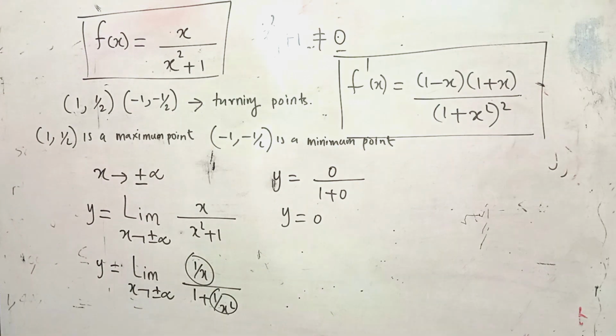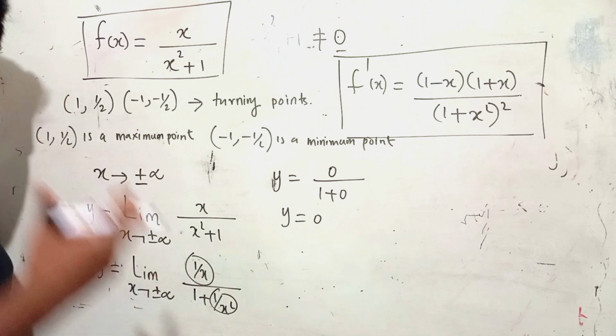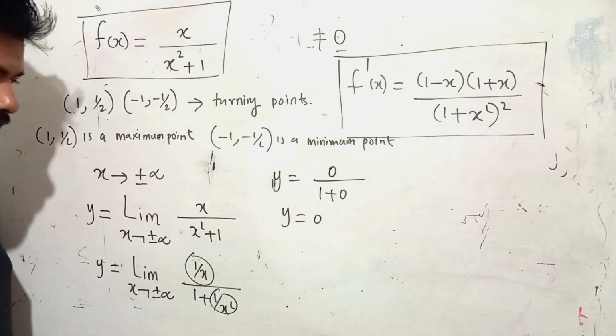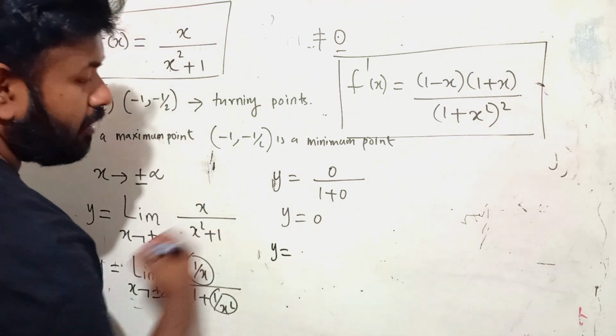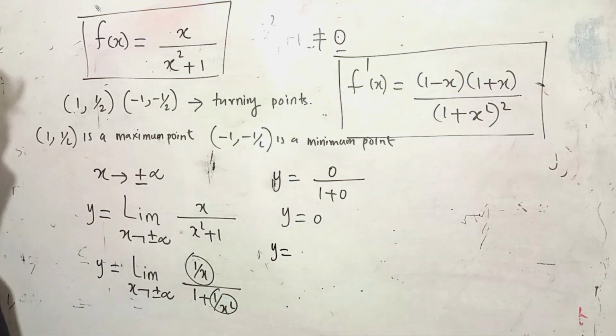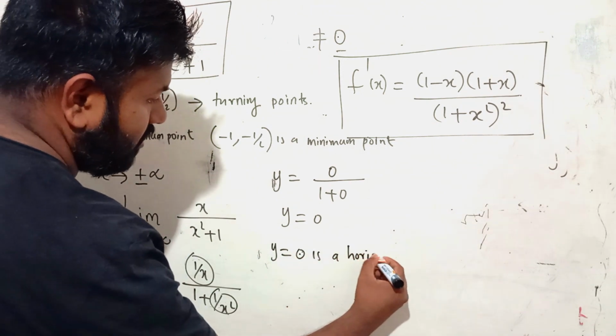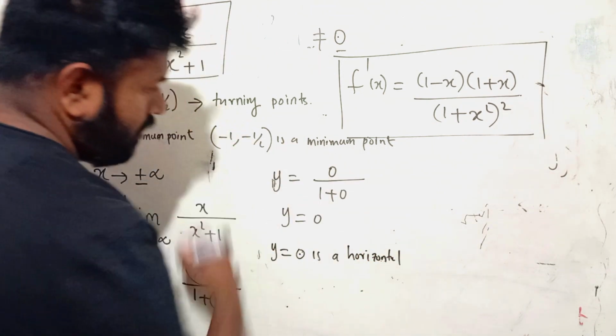So in these situations, when you substitute an infinite value for x and in return you get a finite value for y, we call it the horizontal asymptote. So y is equal to 0 is a horizontal asymptote.